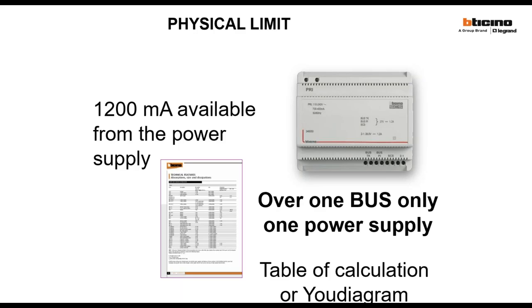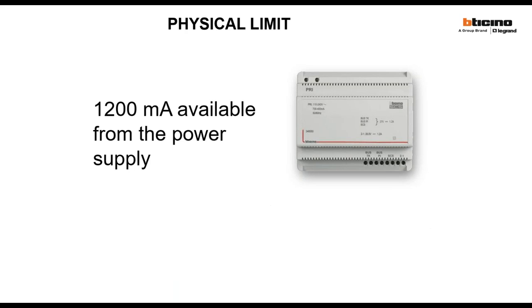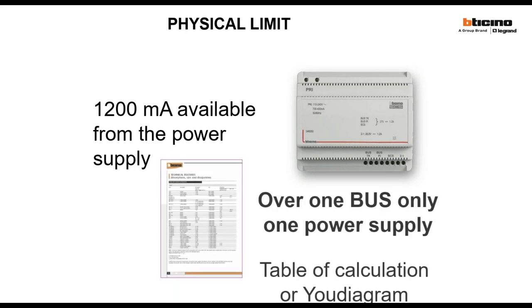You can do it manually using the table of calculation that you find over the technical guide, or over the instruction sheet. You have the power in standby for any device, and you always have to consider the full standby power plus one internal unit on.